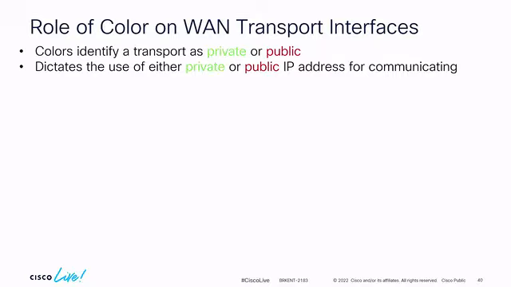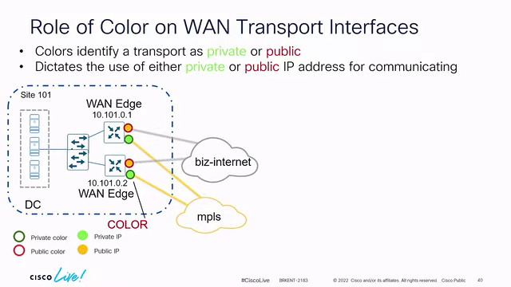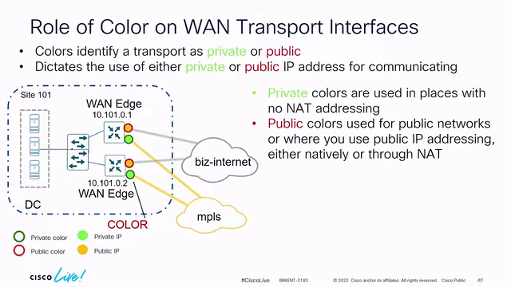And then on our internet side, we might give it the label biz-internet or public-internet, and that's inherently public transports or public colors. Depending on whether you have private colors or public colors will dictate whether you use a private IP address or a public IP address for connecting to those other SD-WAN devices. Again, private colors, we're going to be using them on transports where there's no NAT addressing.